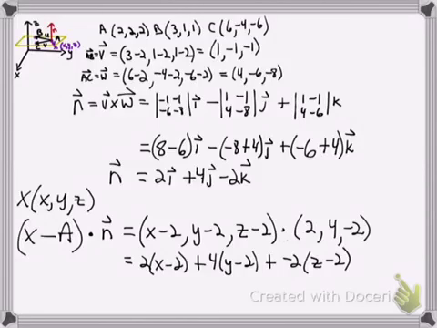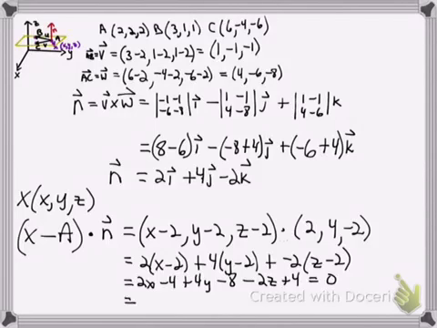Distribute all of the numbers that you can, so 2x minus 4 plus 4y minus 8 minus 2z plus 4, and that will equal 0, because we know if the two vectors are orthogonal to each other, their dot product will equal 0.